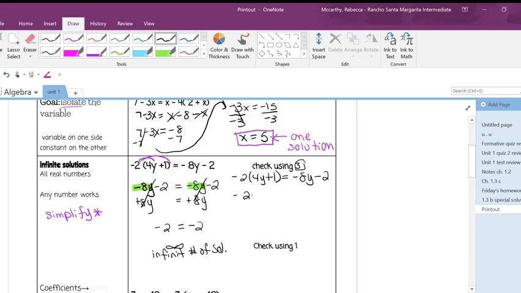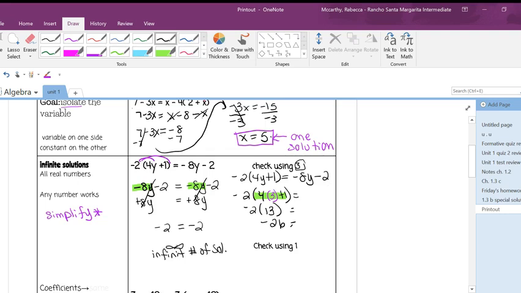And every time I see a y, I'm going to substitute 3 for that. And I'm going to focus on one side. I'm going to simplify what's in the parentheses first. 12 plus 1 is 13. So I got -2 times 13, and I get -26.